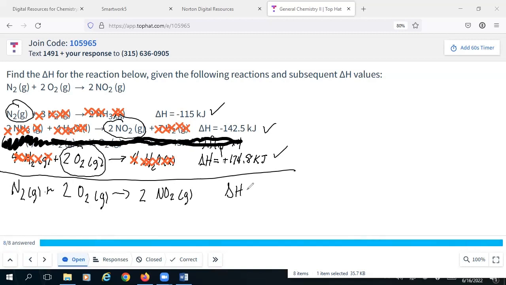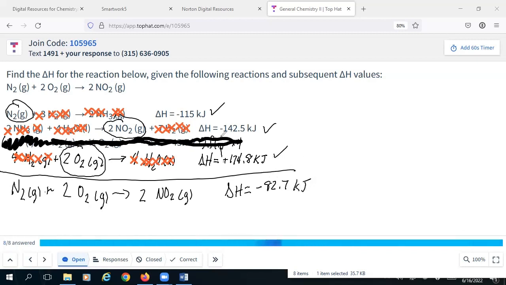For my delta H, since I've already manipulated everything, I just need to add them together. -115 plus -142.5 plus positive 174.8 would give me -82.7 kilojoules.